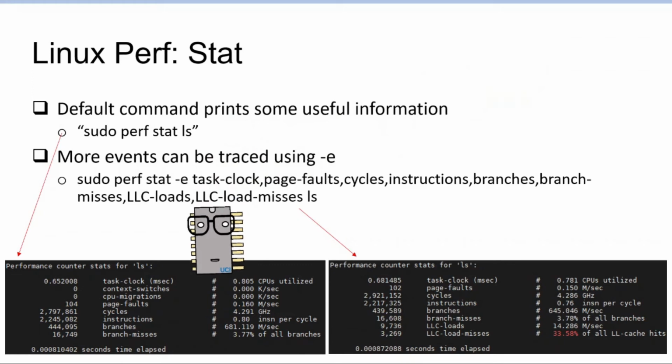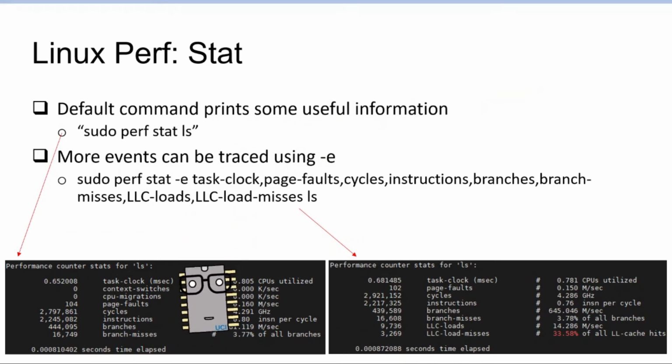Here you see the default events that the tool keeps track of, including how much time it took for the program to execute, context switches, CPU migrations, if any, and how many page faults. Just running ls seemed to suffer quite a few page faults. Then how many cycles in the CPU, how many instructions it executed, branch misses, things like that.